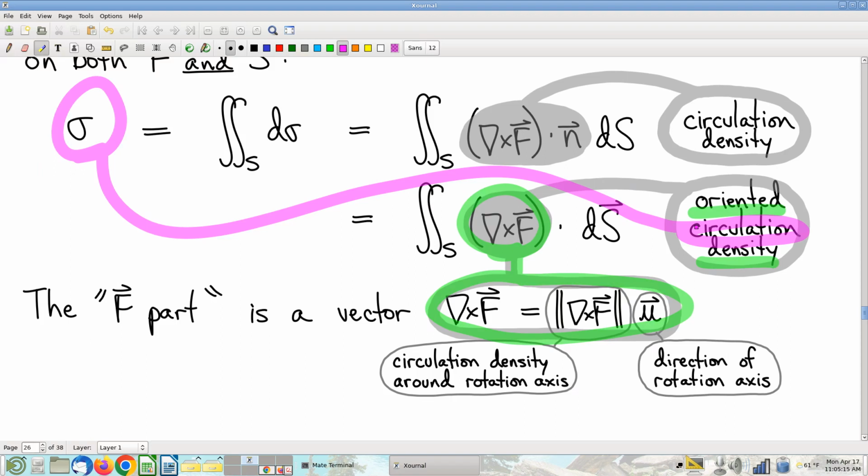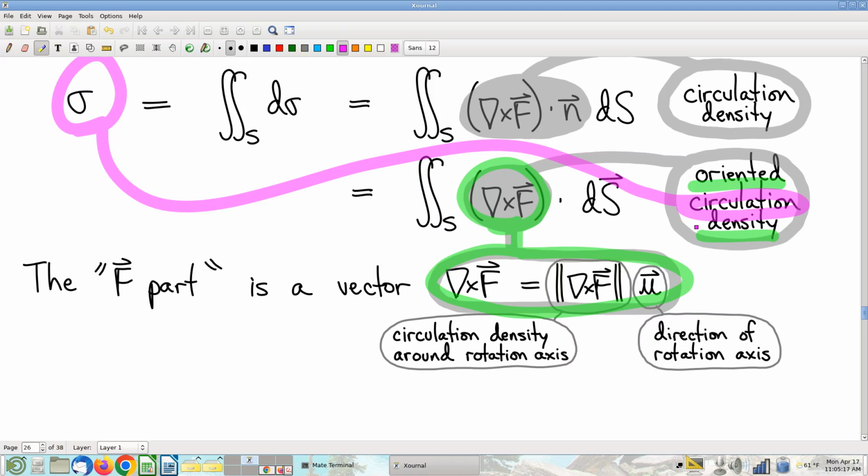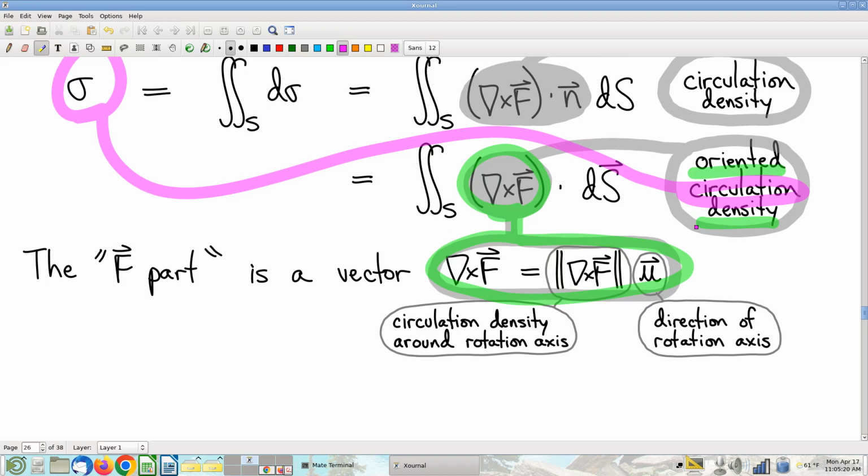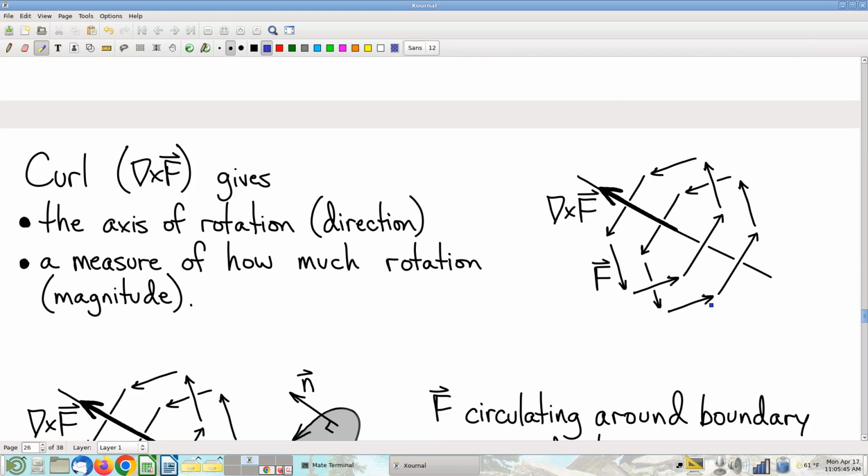So this is how I want you to think about curl. Curl is oriented circulation density. It's telling you, in some sense, how much is my fluid rotating in the same way that Green's operator did. How much the fluid is circulating, and it also tells you what is the direction, what is the axis around which that circulation is happening. And you can see that in this picture right here.